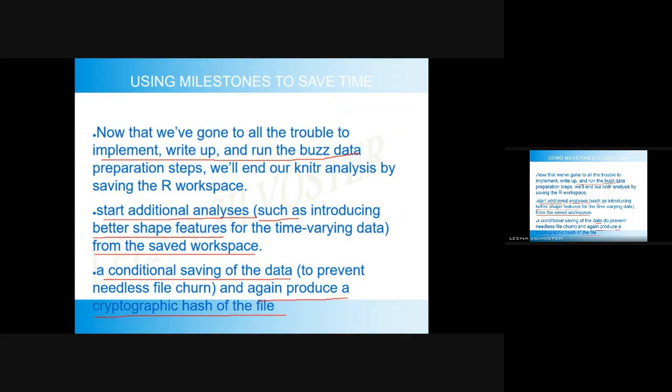So better shape features are introduced by extracting the values from the saved environment. And again conditional saving of the data, and again producing a cryptographic hash of the file.